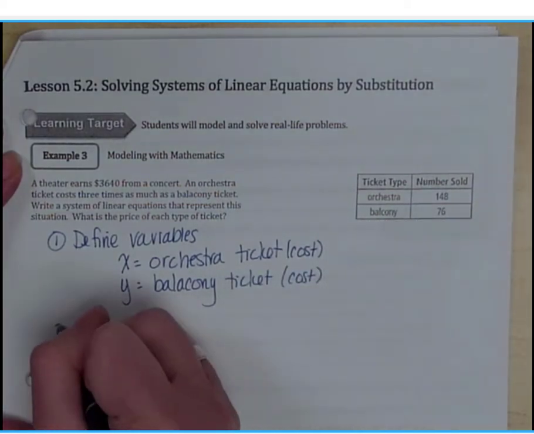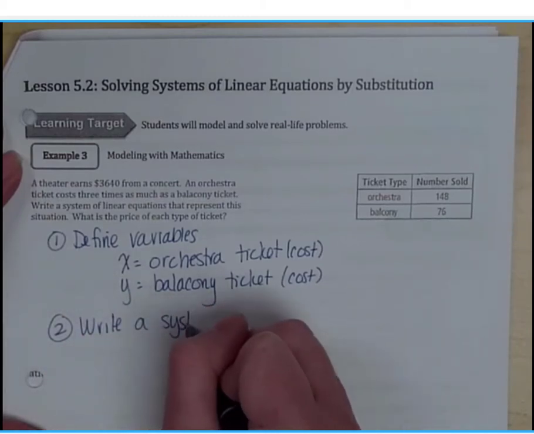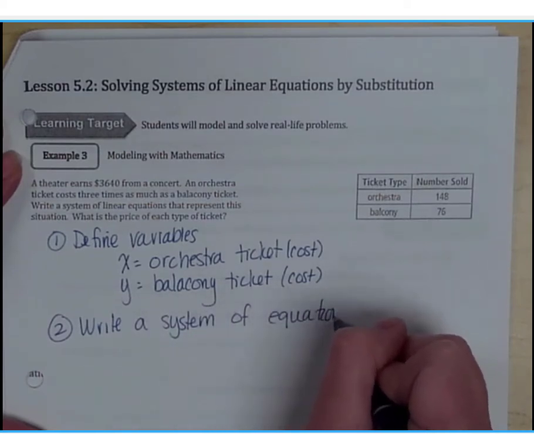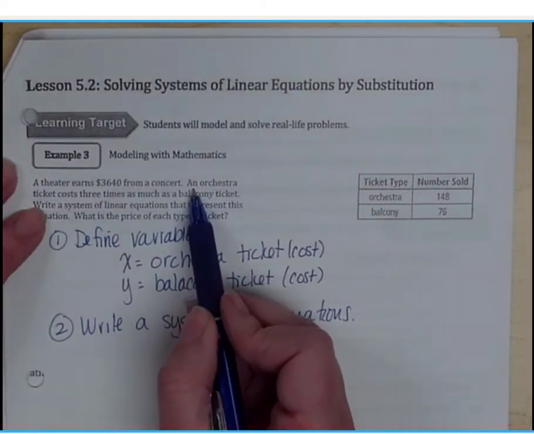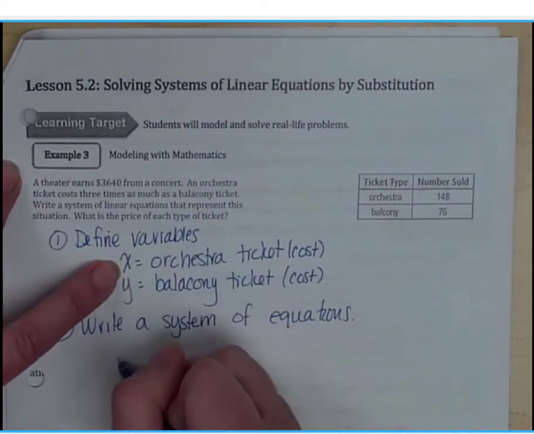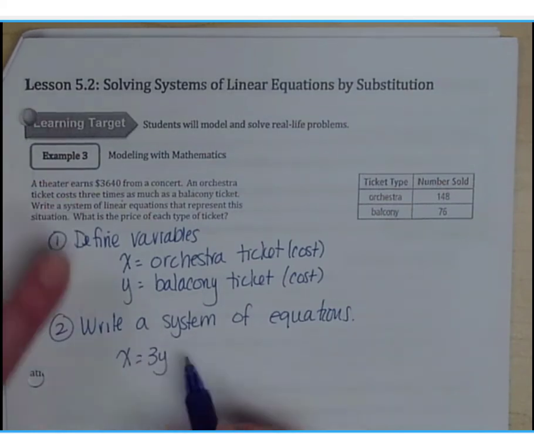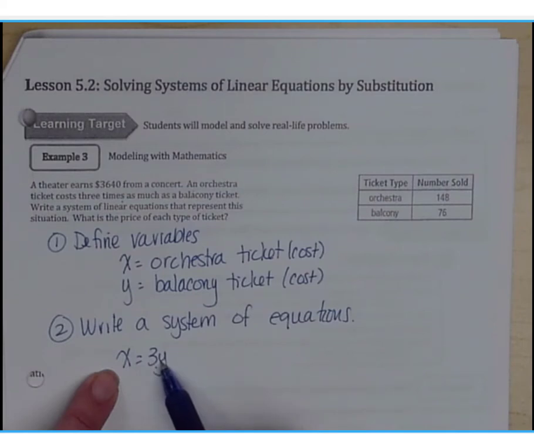All right, now 2, I want to write a system of equations. So that means I'm looking for 2 equations here. So let's see, an orchestra ticket, that's x, costs 3 times as much as a balcony ticket. So my balcony ticket here, 3 times that is going to give me 1 orchestra ticket.